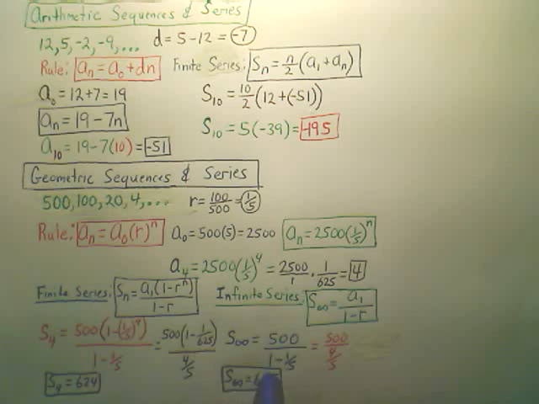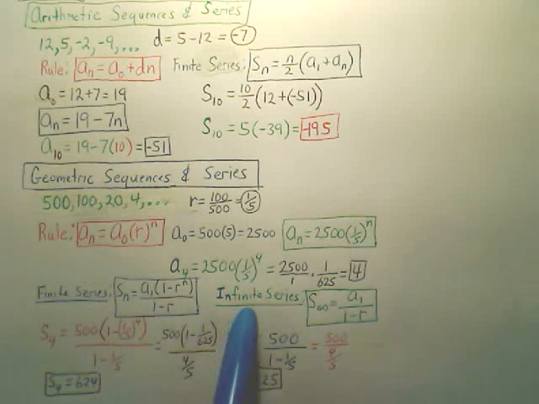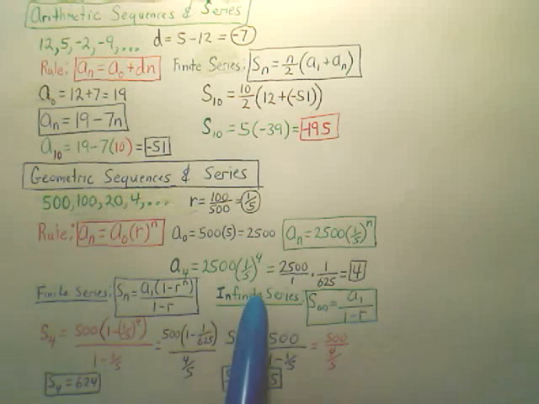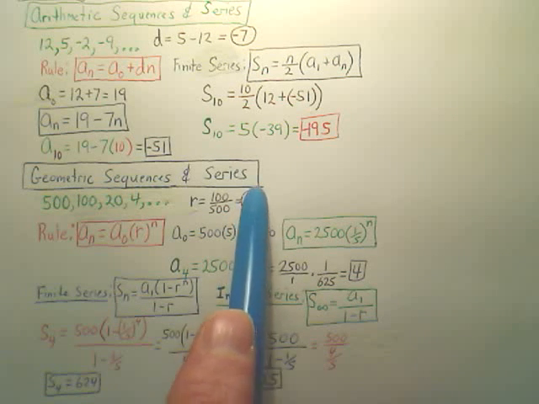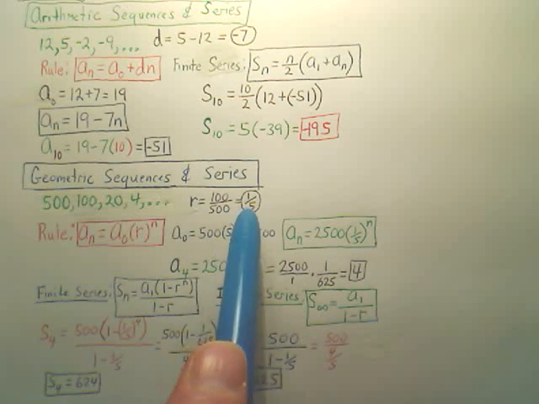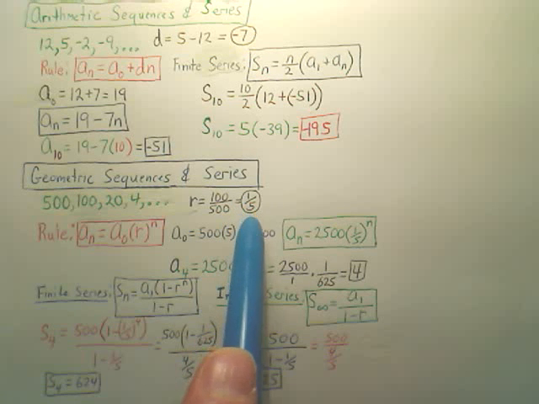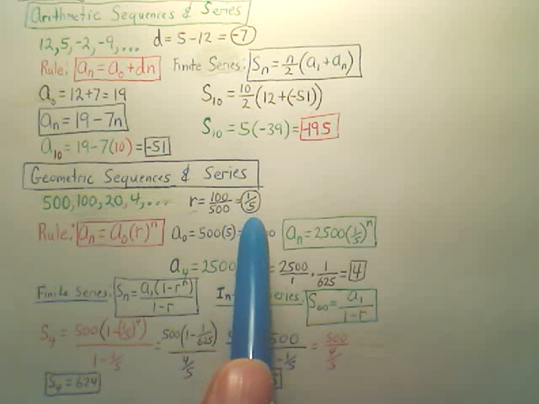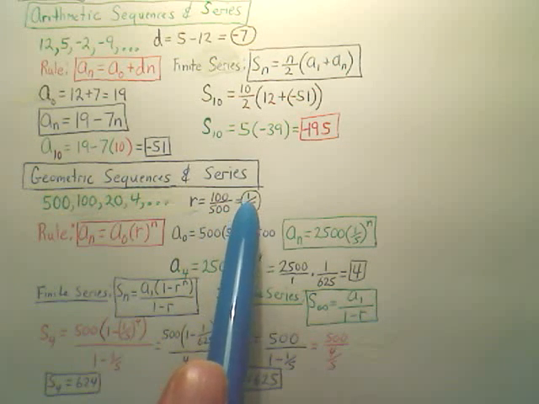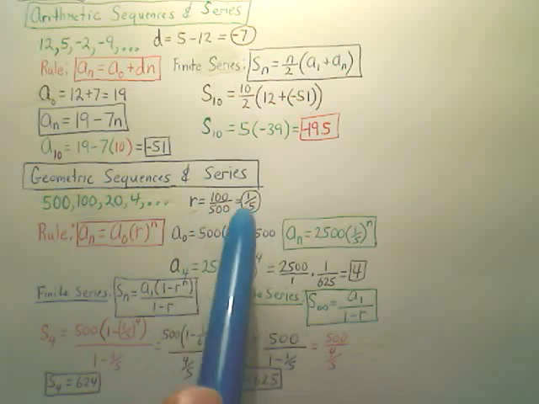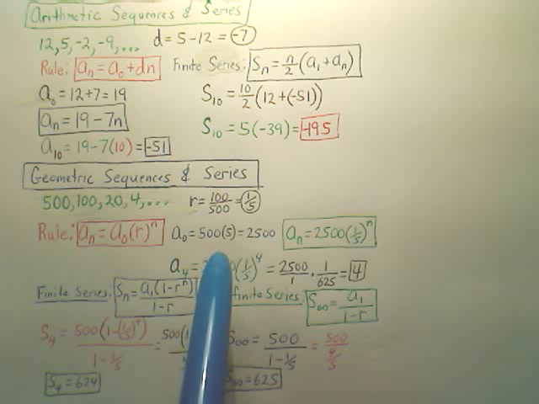Now, one more thing you have to realize is for infinite series, you can only do an infinite series if your R is a fraction less than 1, meaning a positive or negative fraction less than 1. So absolute value of R less than 1. So let me restate that. Your R value has to be a fraction between 0 and 1, but it could be a negative between -1 and 0.